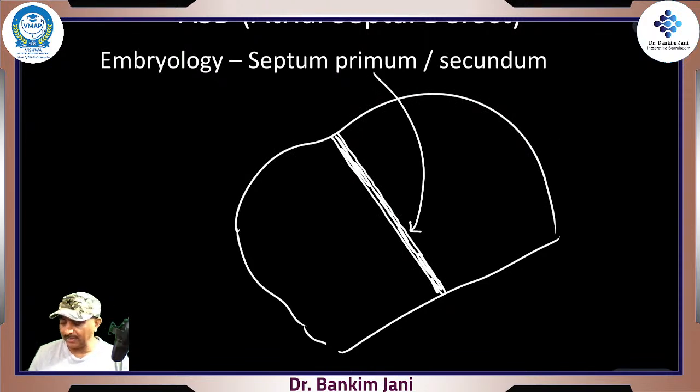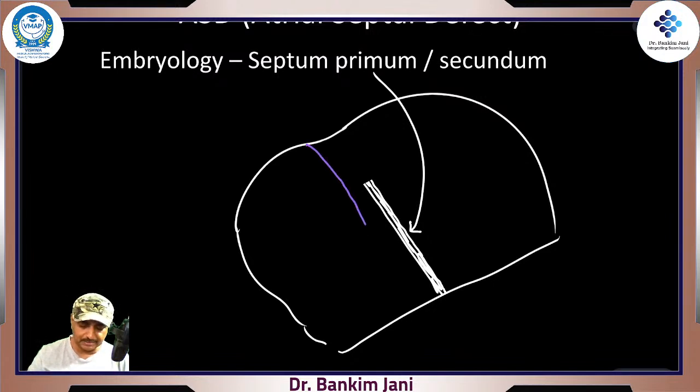Now, one interesting thing happens. As this septum primum touches over here, from this point it gets degenerated, it is removed. So this is now our septum primum. In order to fill up this space, there is formation of another septum.